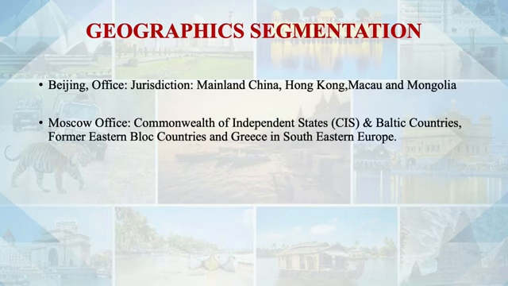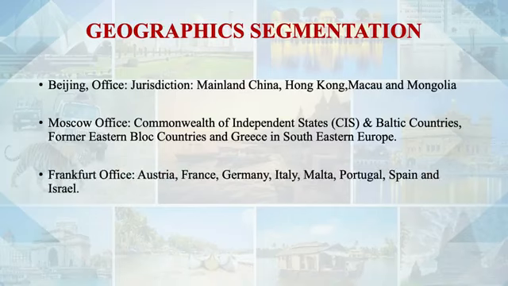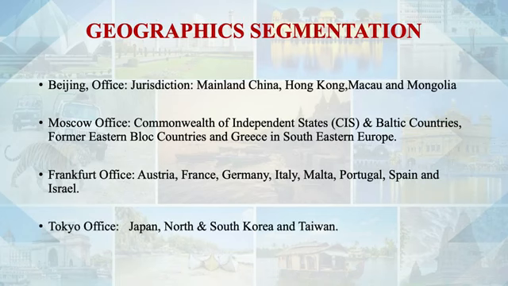The Moscow office looks after the Commonwealth of Independent States, called CIS, and the Baltic countries, the former Eastern Bloc countries and Greece in Southeastern Europe. The Frankfurt office looks after Austria, France, Germany, Italy, Malta, Portugal, Spain and Israel, and more or less the whole of Europe. The Tokyo office covers Japan, North and South Korea and Taiwan.